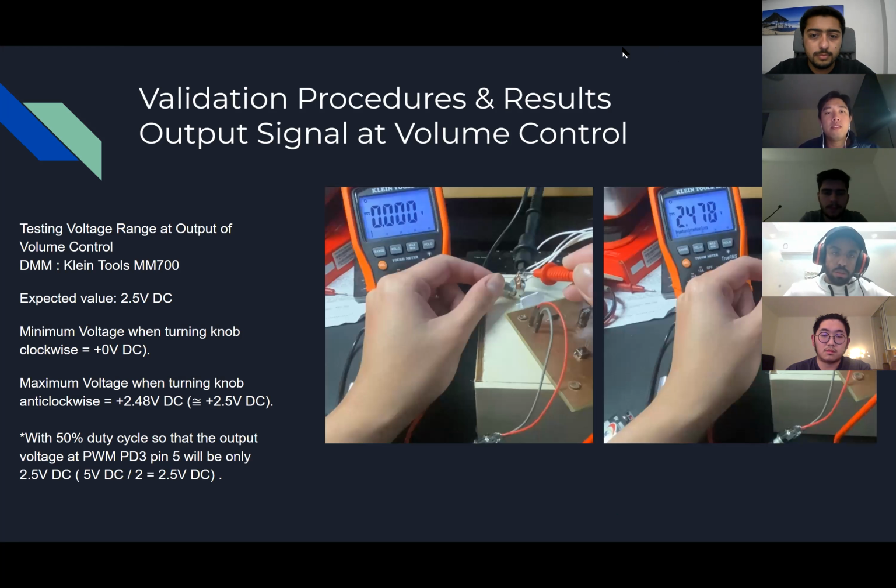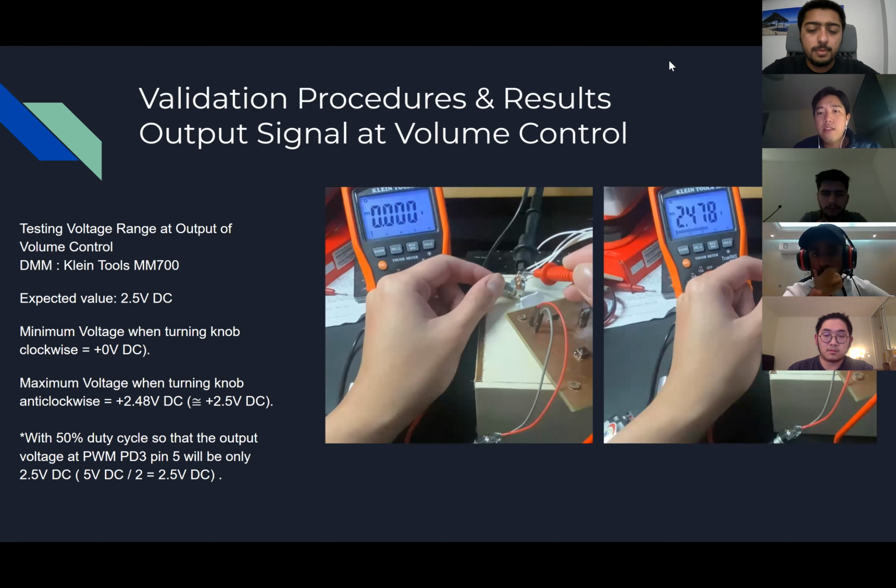Next is the output signal and the volume control. This time, I'm using the Clone Tool MM700 device multimeter. I use the same method to test the output of the volume control, and for the negative, I applied it to the ground. By turning the knob of the volume control clockwise, I hit 0 voltage DC.